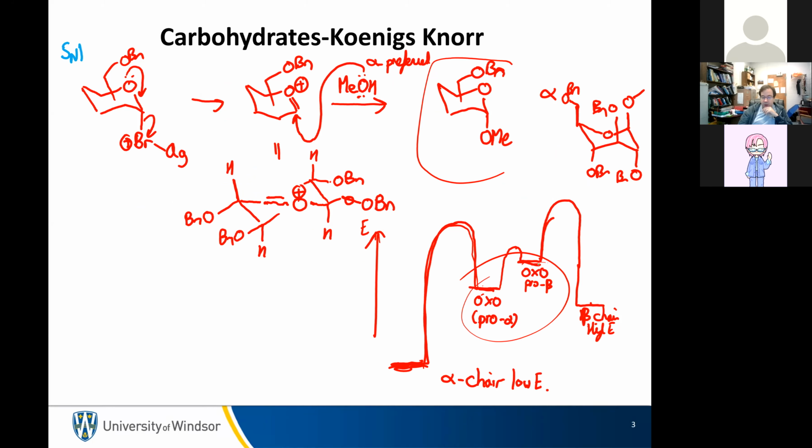So it takes us to the oxocarbenium that's pro-beta. That can interconvert with the oxocarbenium that's pro-alpha because the half chairs can flip. So will the beta starting material give me a beta product or an alpha product under those conditions? Still alpha.